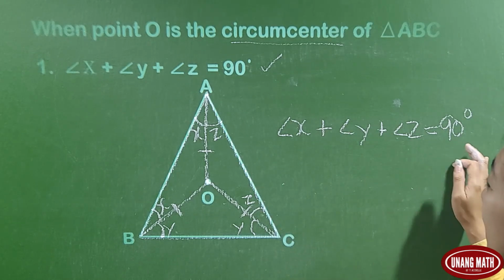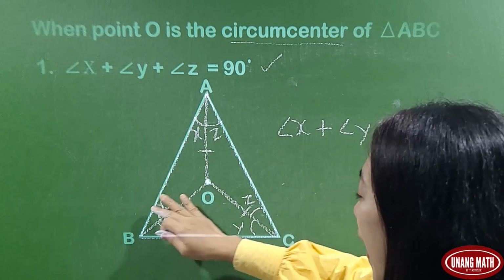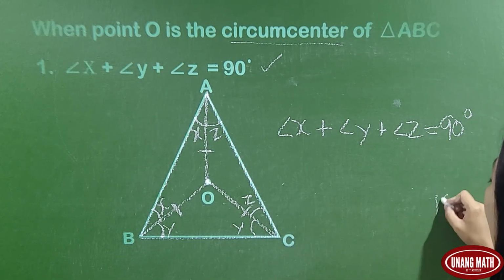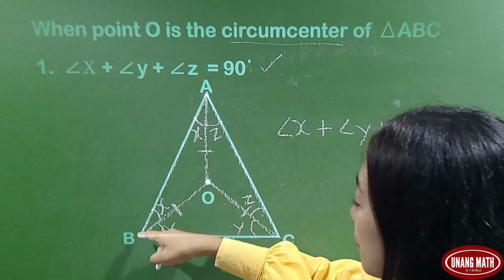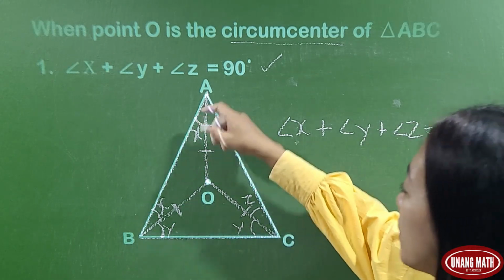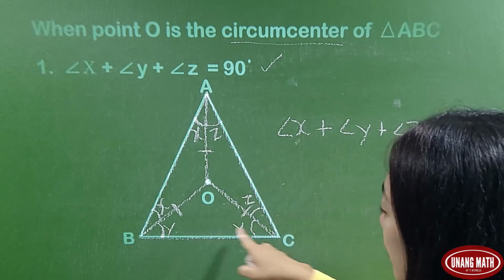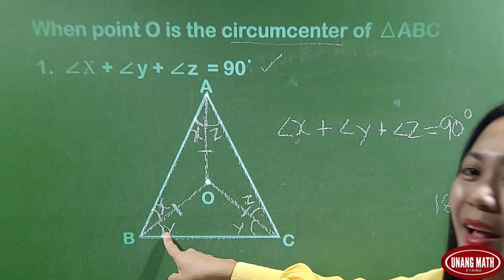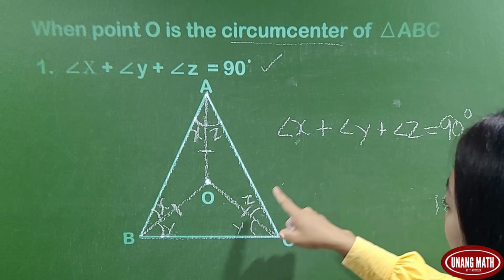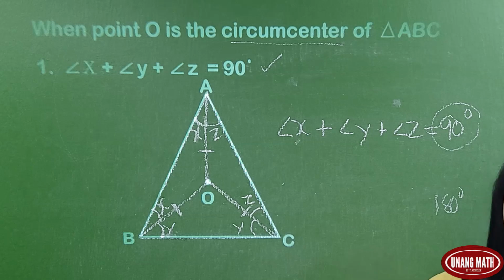Why equal to 90 degrees? We already know that the sum of the interior angles of any triangle is equal to 180 degrees. If it's an isosceles triangle, then these two angles are equal, so just get one measure of these two equal angles. So we have angle X, angle Y, and angle Z, and that would be equal to 90 degrees.